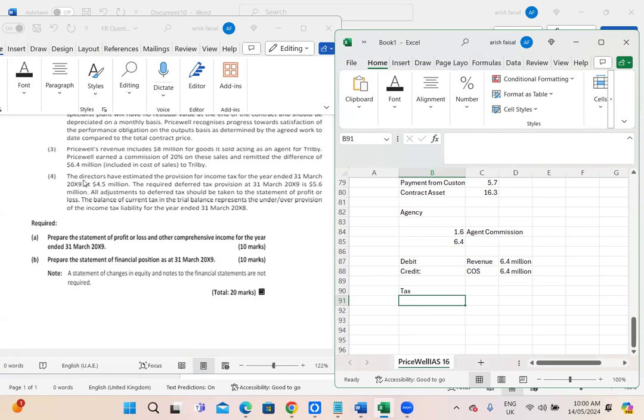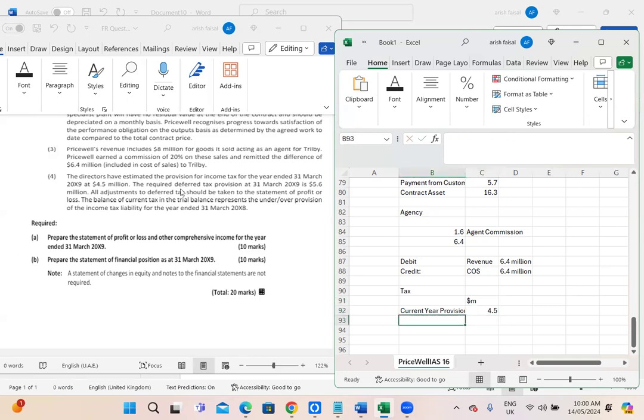It says the directors have estimated that the provision for income tax for the year ended 31st March 2009 is 4.5 million. Now, this tax you will almost get in every other question. So the current year provision is 4.5 million.